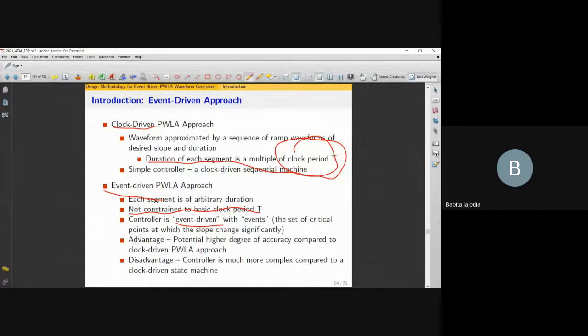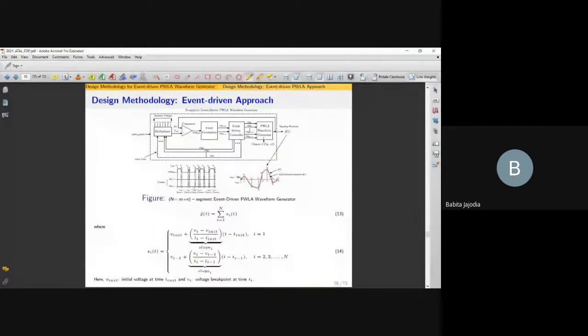So it has higher flexibility as well as a higher degree of accuracy. But the most important disadvantage is that the complexity of the controller will be very high. So if you are not targeting an application for low power and you can compromise on complexity, then event driven will be a better option. Yeah. So this is an architecture.